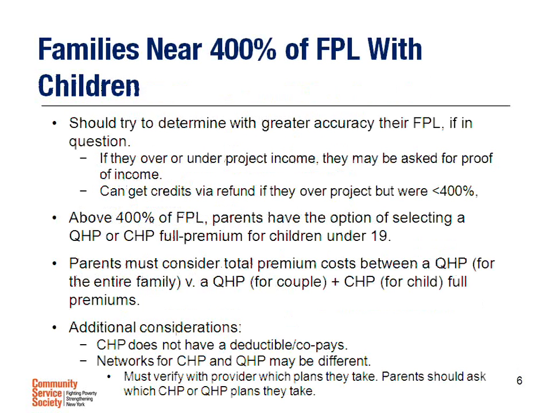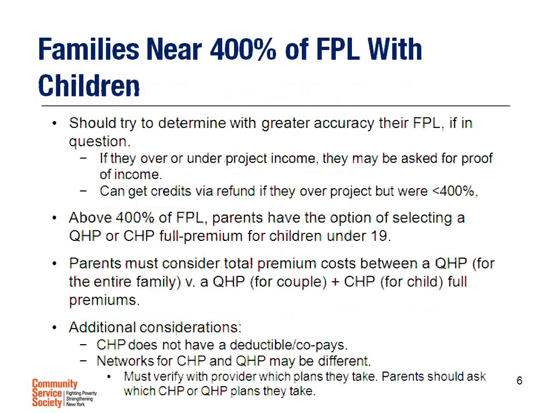Okay, families near 400% of the federal poverty level with children. They should try to determine with greater accuracy their federal poverty level if it is in question, right? If they over or under project their income, they may be asked for proof of income. So this is the scenario.